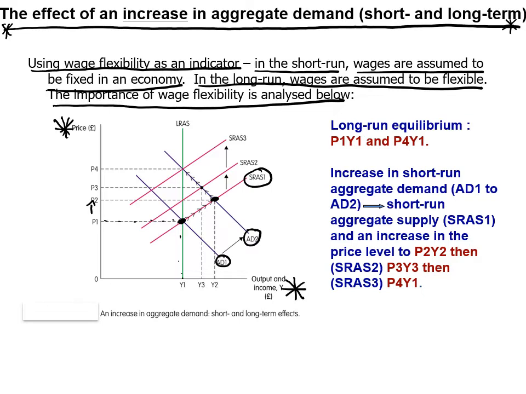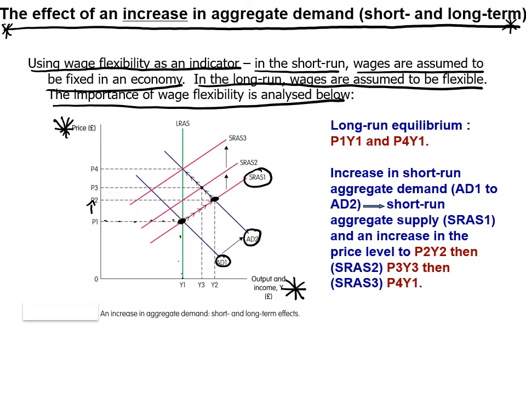Employees are going to say, listen boss, okay, we're at this new aggregate demand curve. We have had some demand side policies, aggregate demand in the economy has increased and prices have gone up. So boss, what you need to do is increase my wages.